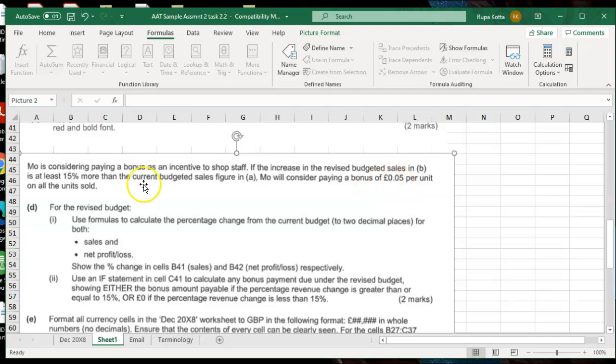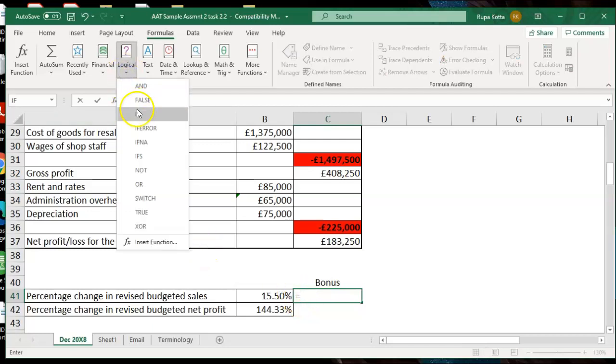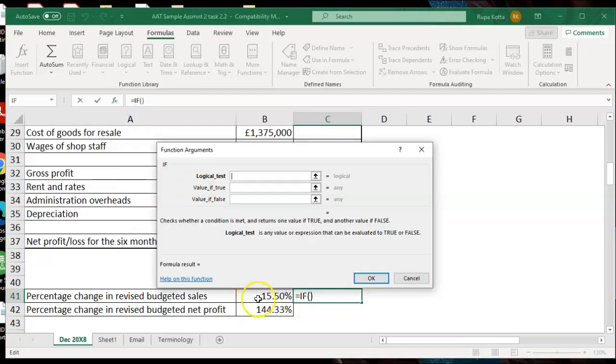Per unit of all the units sold. Okay. 0.05 per unit on all the units sold. Equal to logical if is greater than or equal to 15%, then we have to calculate the bonus.